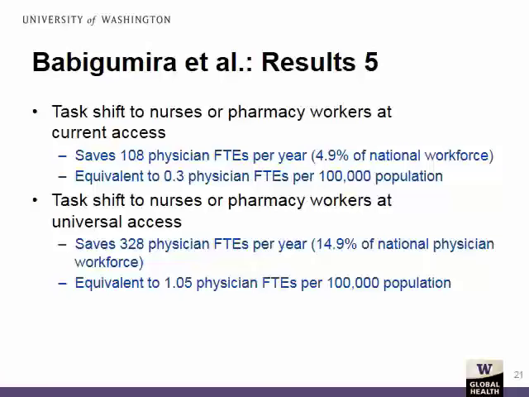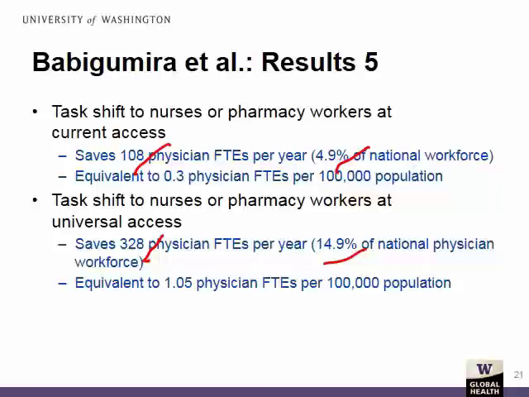And when we did the full-time equivalent analysis, we saw that task shifting to nurses and pharmacy workers, based on different levels of access to ARVs, would save between 100 and 330 physician full-time equivalents, which would be between 5 and 15% of the national physician workforce. So it would really save physician time, and presumably you could use this physician time to do other clinical work.